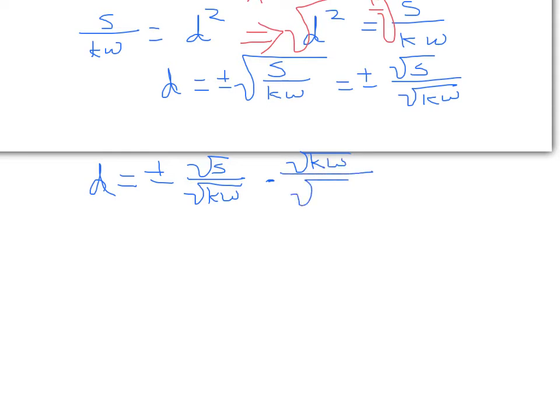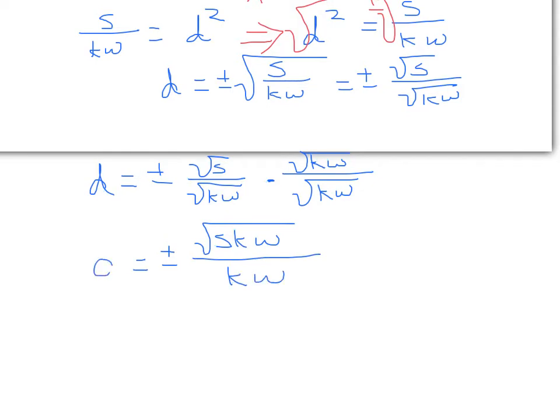We just multiply by the square root of KW over the square root of KW, and that gives us that D is plus or minus the square root of SKW over KW. And that's the answer.